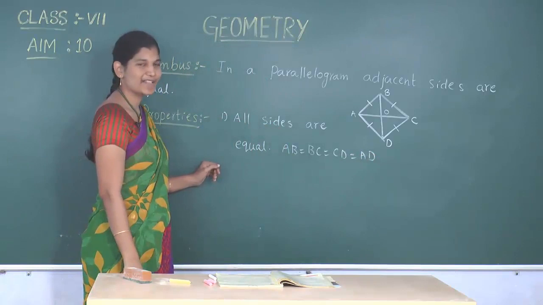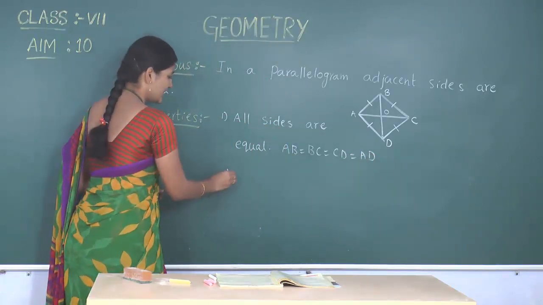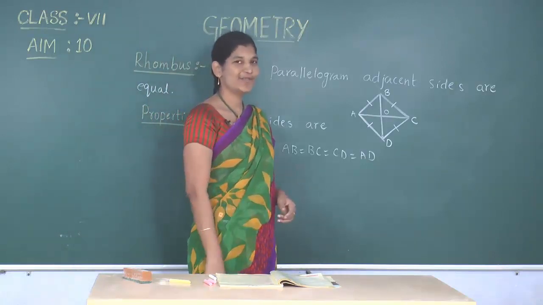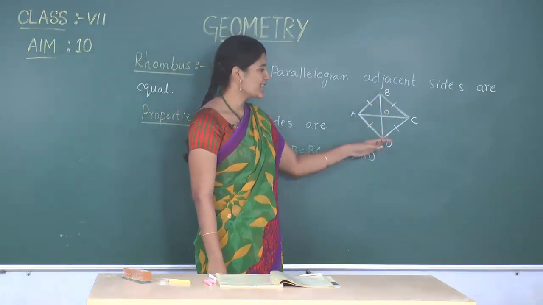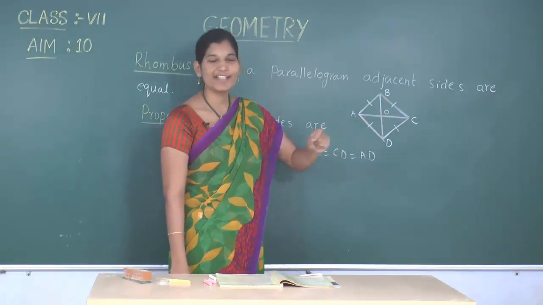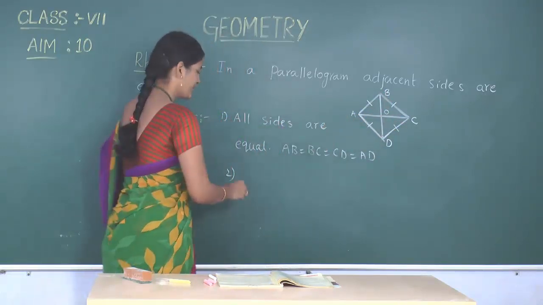And next, the second one is, in rhombus we can draw two diagonals. Those two diagonals bisect each other at perpendicular.